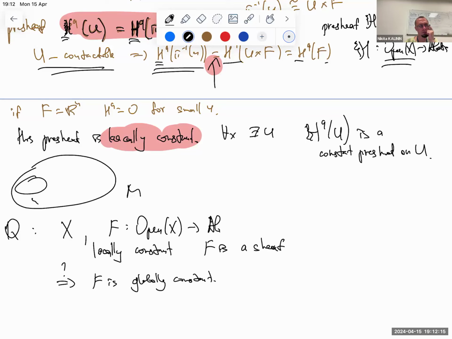Well, it seems so, right? So what is globally constant? Well, just constant in the above sense.